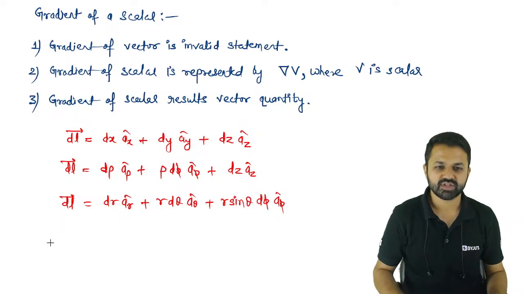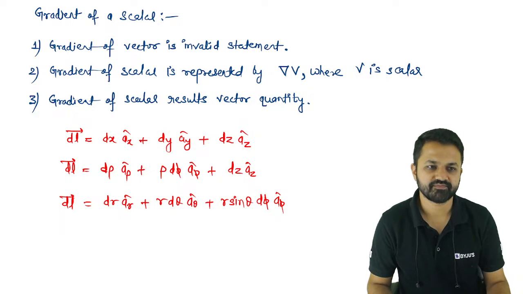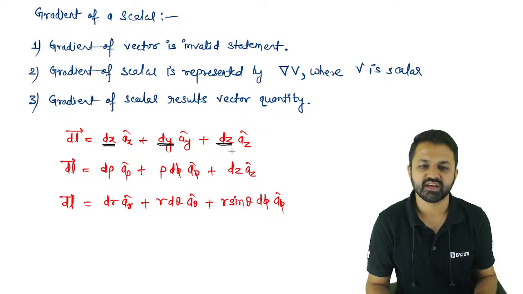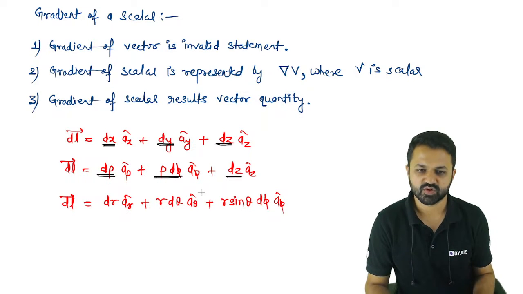Okay, so these are the different coefficients. So I am marking the coefficients. Look at these coefficients of the unit vectors. The coefficients of unit vectors are this, which I have underlined.